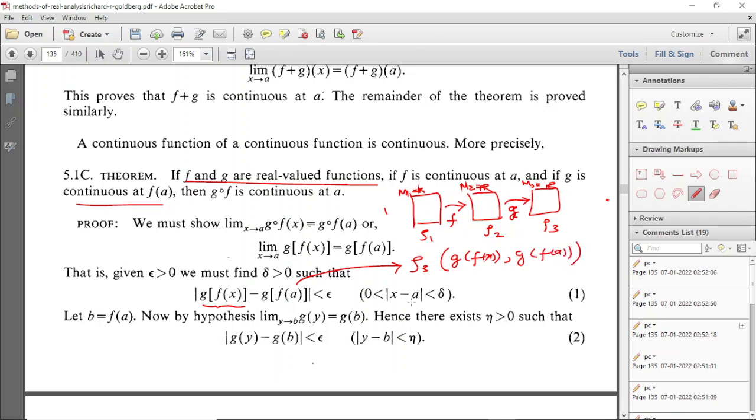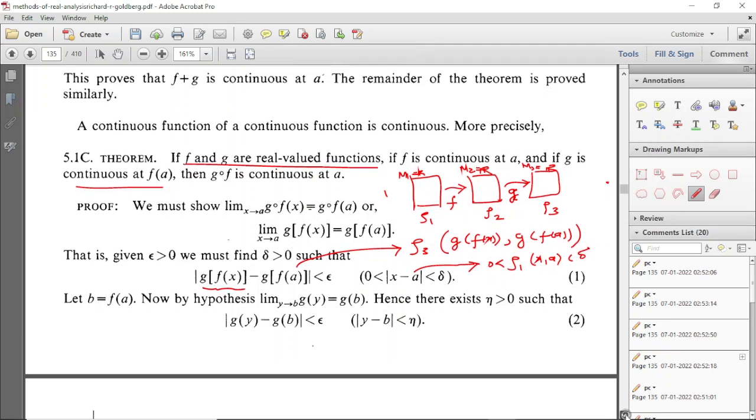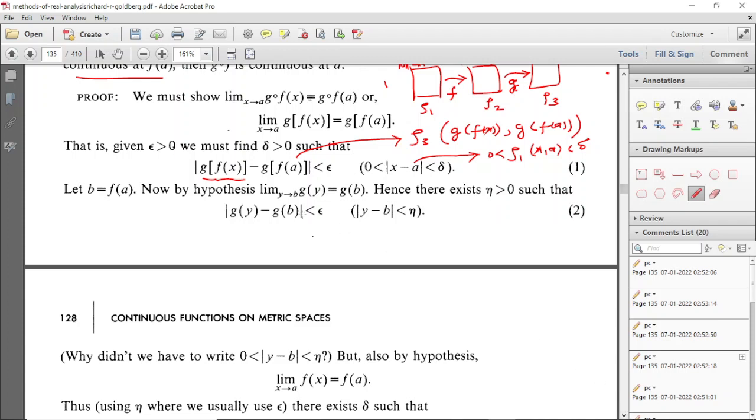Here the relationship between x and a is somewhere here. So in place of this absolute value, you have to write 0 less than rho 1 of x comma a is less than delta. These are the changes you have to make. Okay, and here also this is rho 3 of g of y comma g of b is less than epsilon. This is in the second set. Yn I already told you.